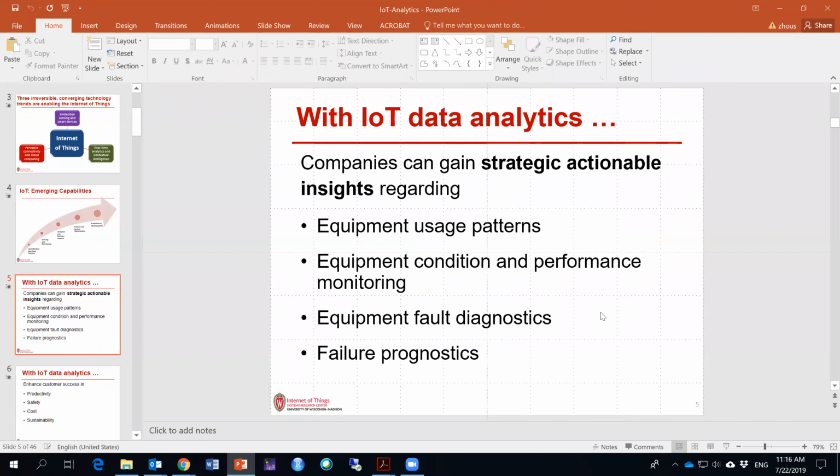And on a very high level, what are the main data types we can collect from IoT system, from industrial IoT system? So in my view, the data type can be classified into two categories. So the first category is the usage pattern of the device and the product. So how customers are using the product, using the device.